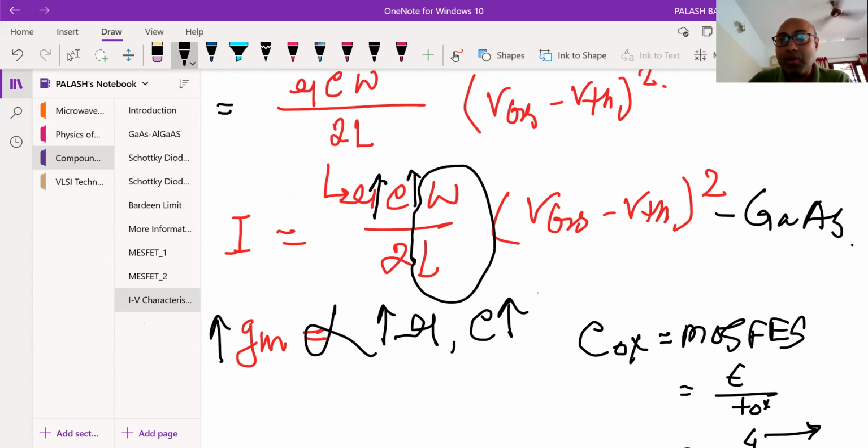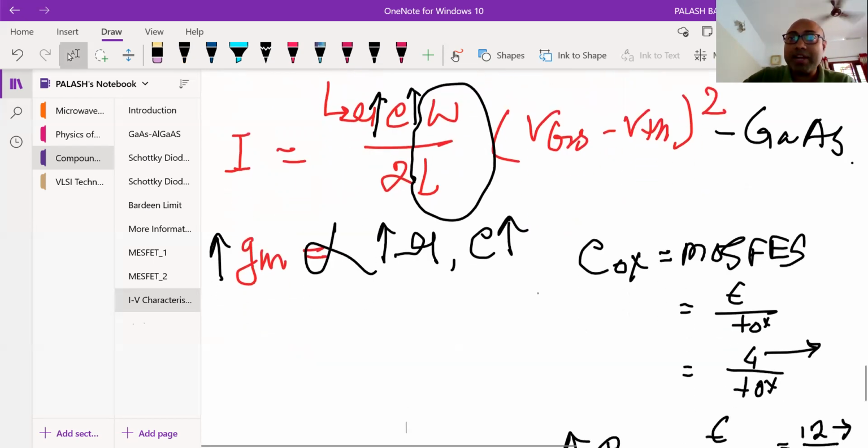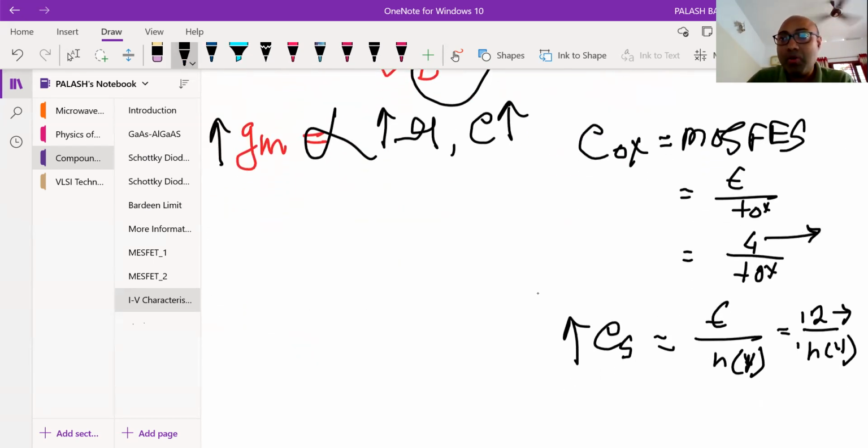If Hy is low and epsilon is 12, which is definitely 3 times higher, then definitely your CS is high, and you'll have a huge operating frequency.